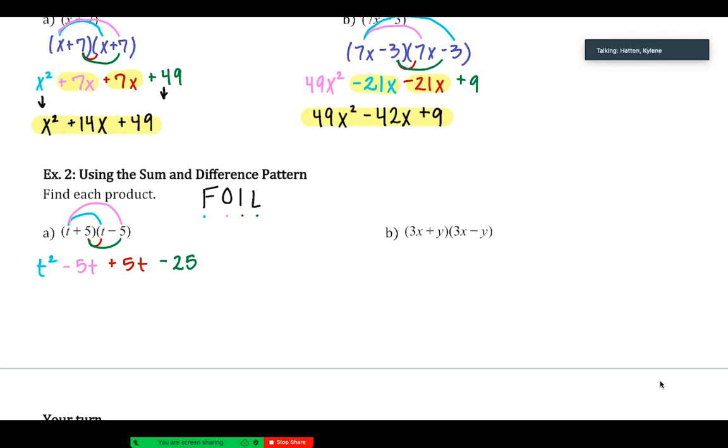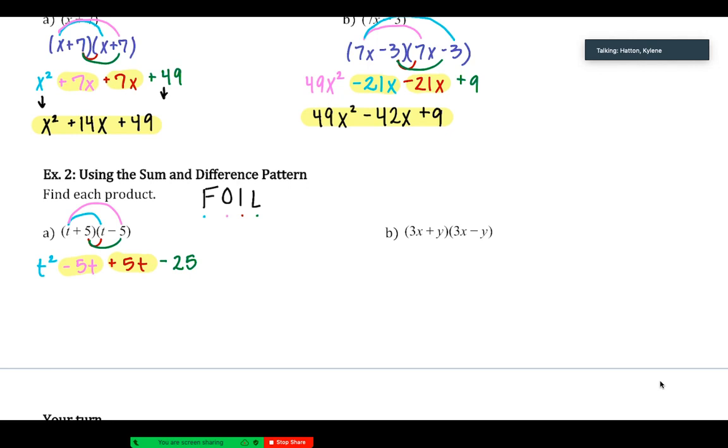And then from there, we need to check for like terms. So negative 5t and positive 5t. If I have a negative 5 and a positive 5, those are kind of opposites of each other, or a negative 5 plus positive 5 would just be 0. So they just cancel each other out, just like 2 and negative 2, or 4 and negative 4. They're completely opposite.